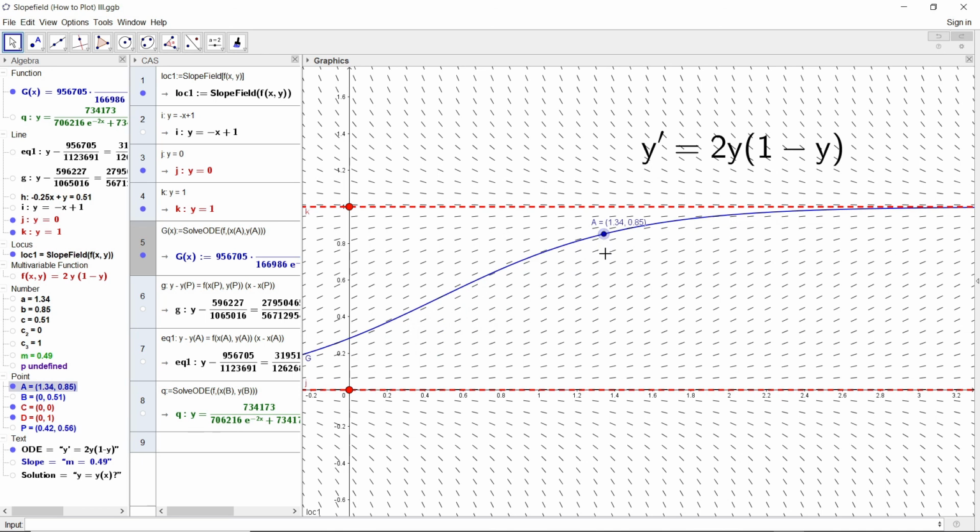Or if we take the point A with its y coordinate near the critical point 1, which is an attractor, the solution is getting attracted by this constant solution y of x equals 1.